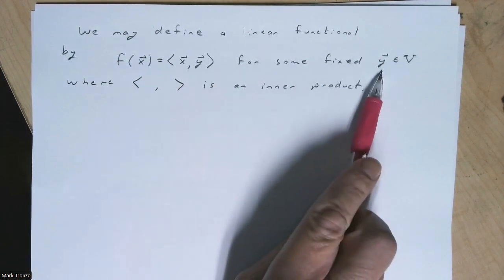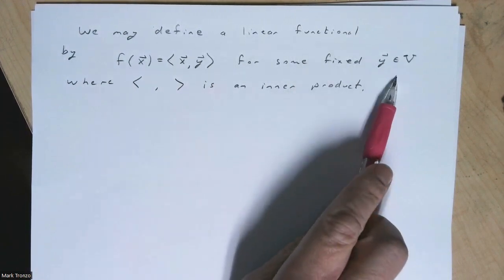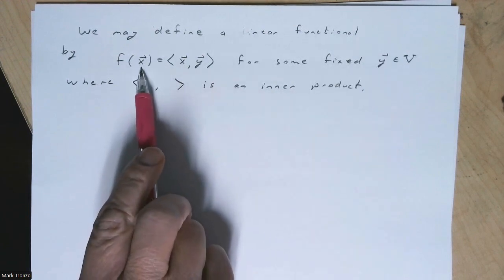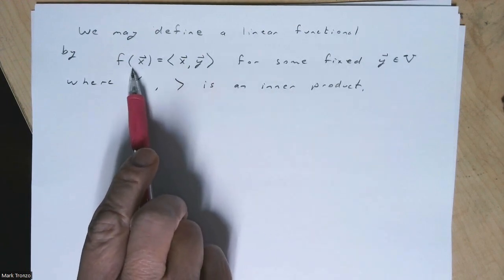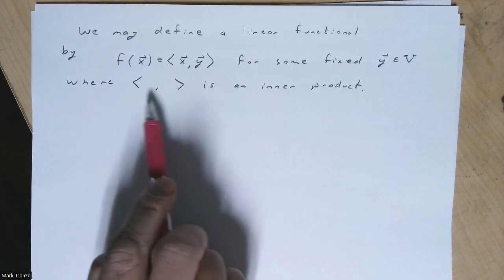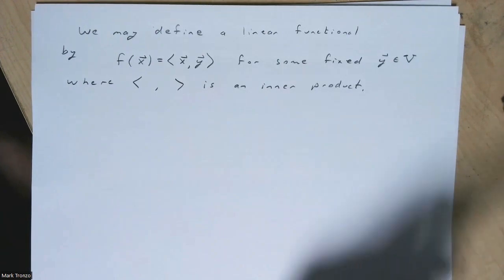Let's say you fix this y, some vector in V, and then for every x, you can define this functional as the inner product of x and y.